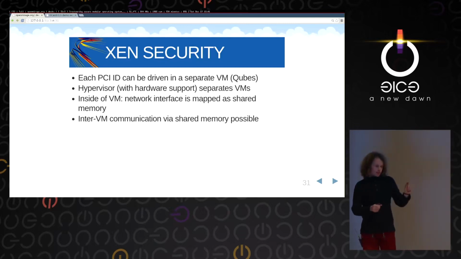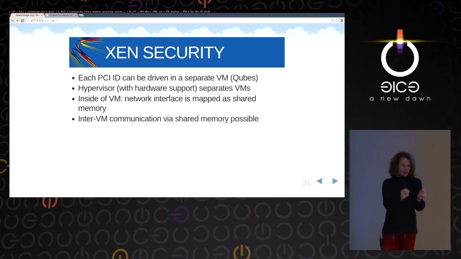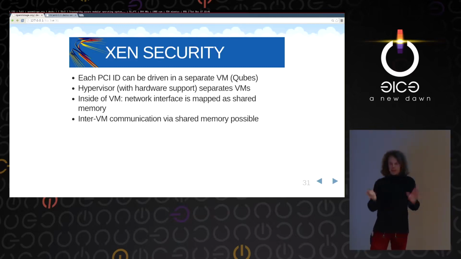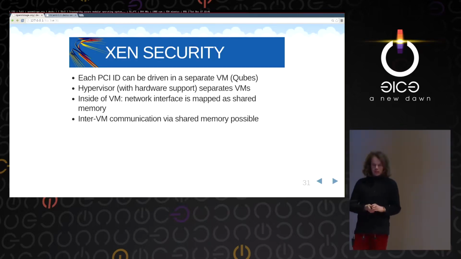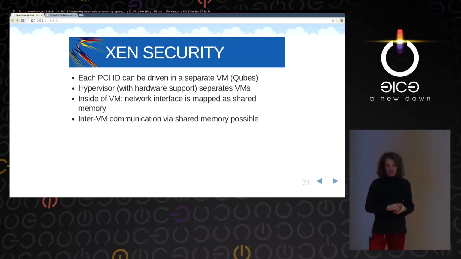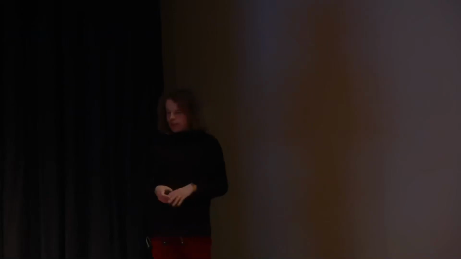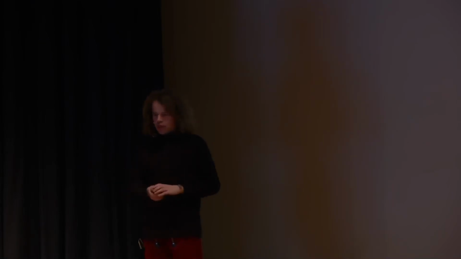So this is compartmentalization, and if one driver is wrong, the attacker can only get access to that small compartment. Well, unless the hypervisor is broken as well. The hypervisor is basically a scheduler which separates the virtual machines and takes care of that and schedules the virtual machines.